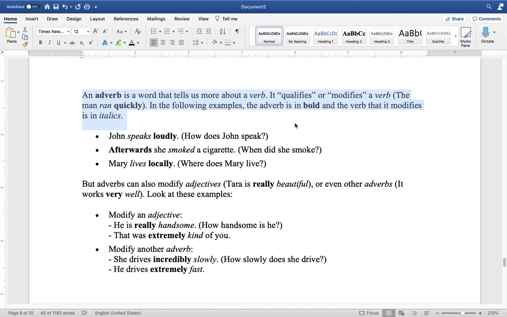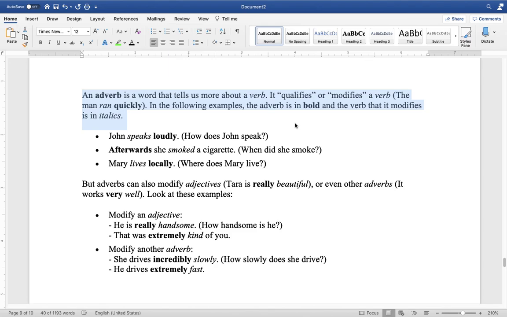That's important to know because that's where people can get in the bad habit. How much more do we need to know about a verb? Do we need to know more about a verb, or is the verb on its own enough to tell us the information? So that's where we can get into that wordy writing, those extra words that aren't necessary.